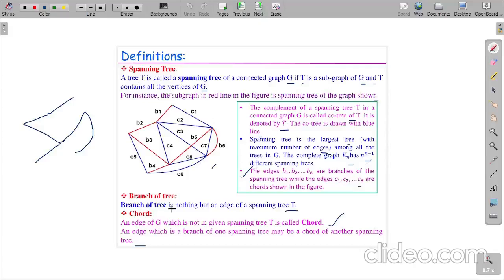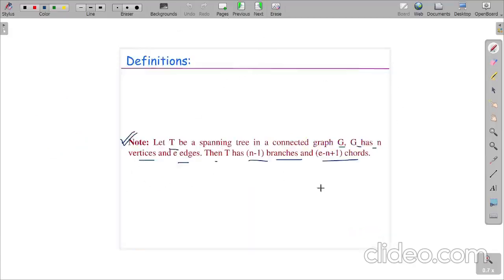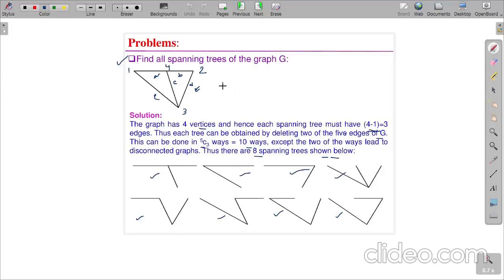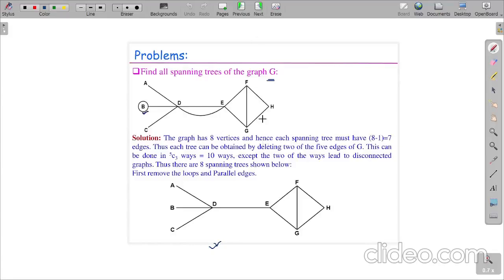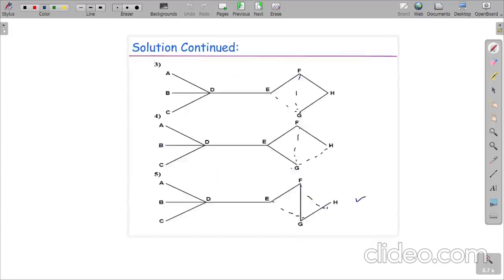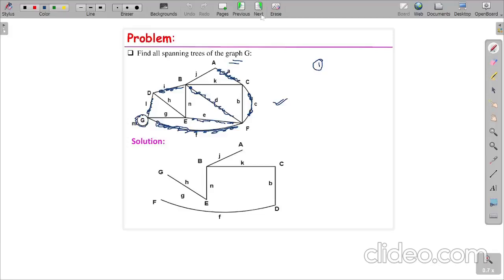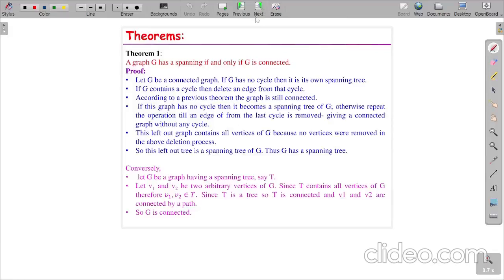Next, branches and chords. Then there is a remembrance. We have to remember it. Then we tried to find all spanning trees from this graph, and again all spanning trees of this graph, again spanning trees of this graph.